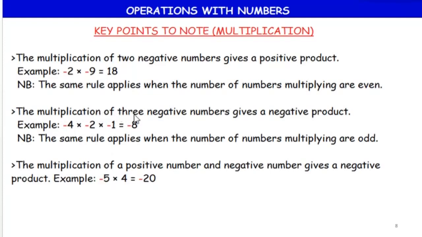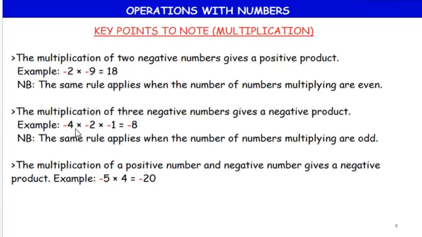The multiplication of three negative numbers gives a negative product, right? For example, negative 4 times negative 2 times negative 1 is equal to negative 8.